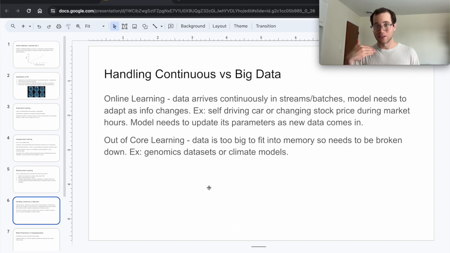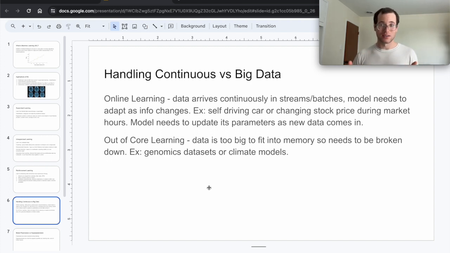So 30 times a second, you have a new picture that your model has to look at to figure out if it's in the right lane, if that's a stop sign, if that's a kid running across the street, if there's a car trying to overtake. There's a bunch of different things that the model is having to constantly figure out in real time to make a decision. And so this is what online learning is referring to.